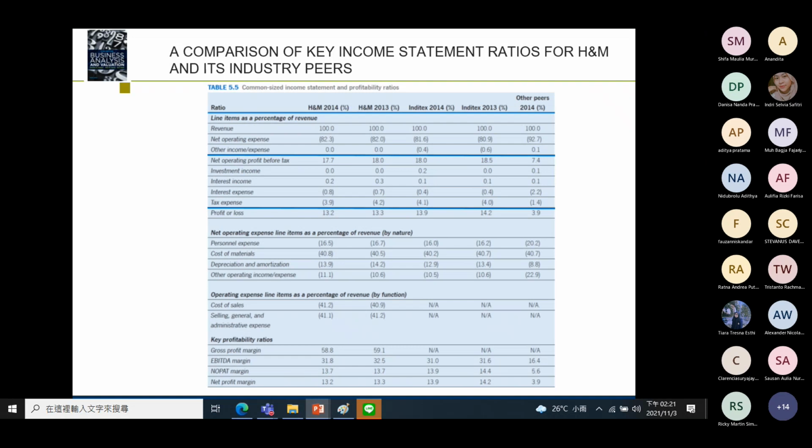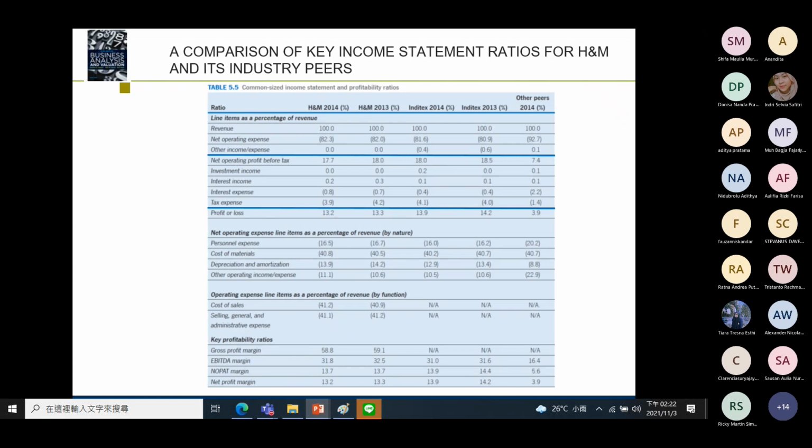The ratio of SG&A expenses to revenue in the table allows us to evaluate the effectiveness with which HMN manages its SG&A expenses. This ratio shows how much the company is spending to generate each euro of revenue.